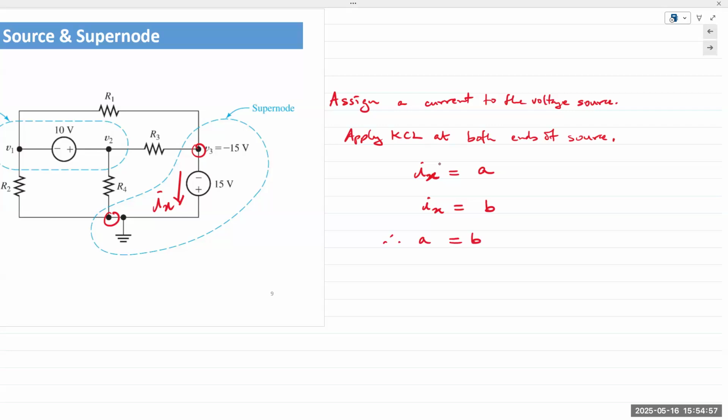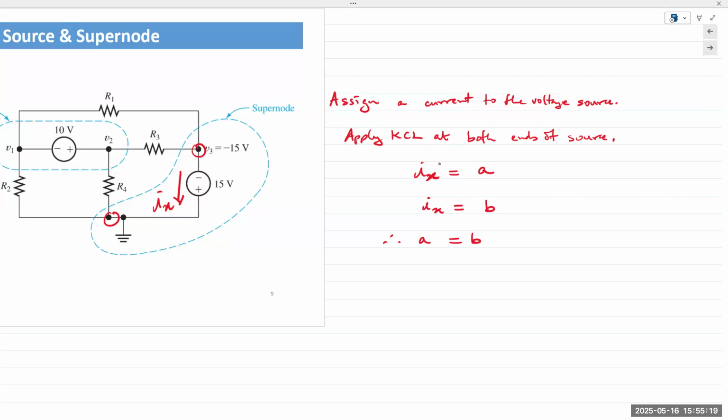Ix is an unknown variable, but we wrote KCL expressions at both ends, both terminals, and we can combine them together. And we simply have an equation that accounts for the current flowing through the voltage source, but it's not part of the equation.